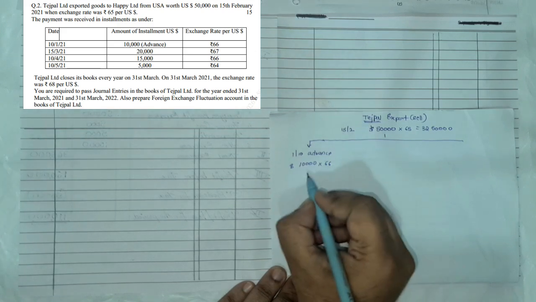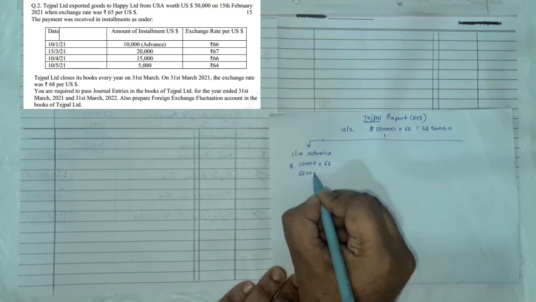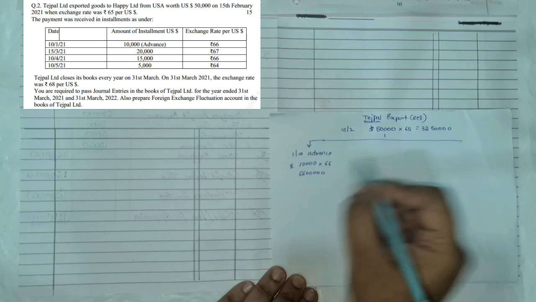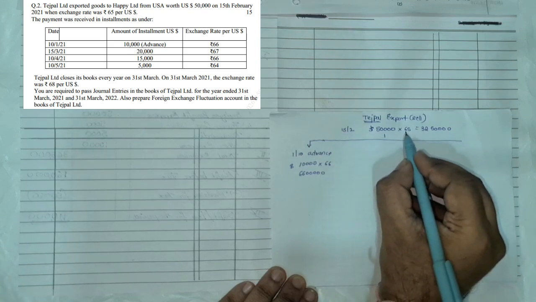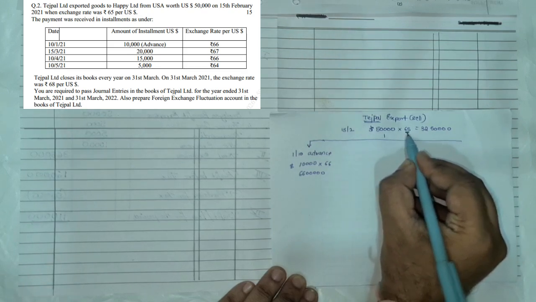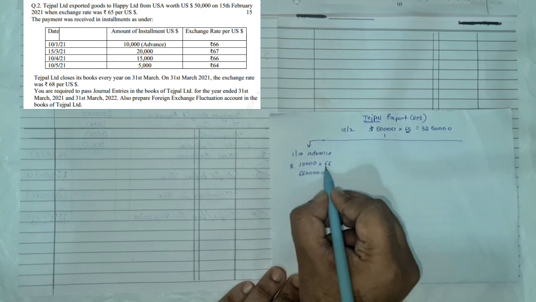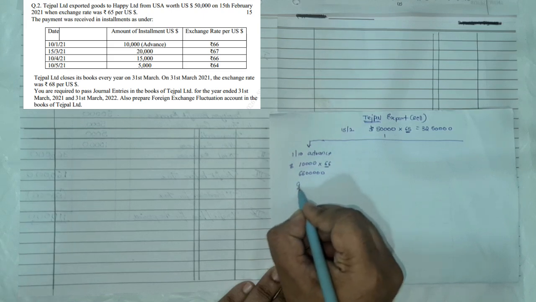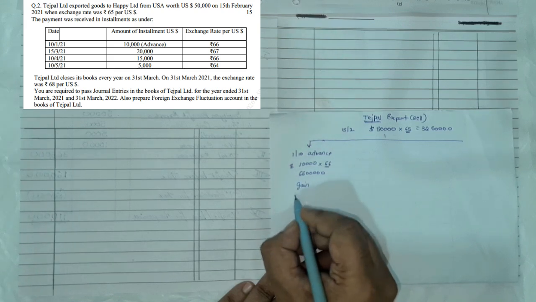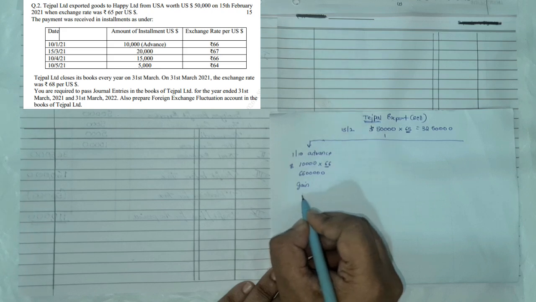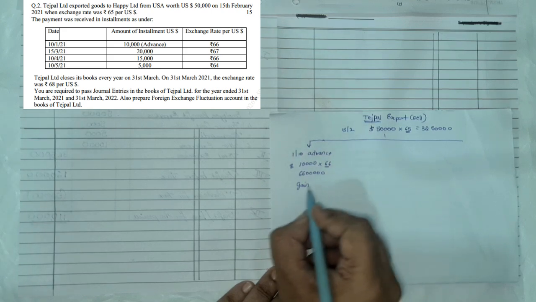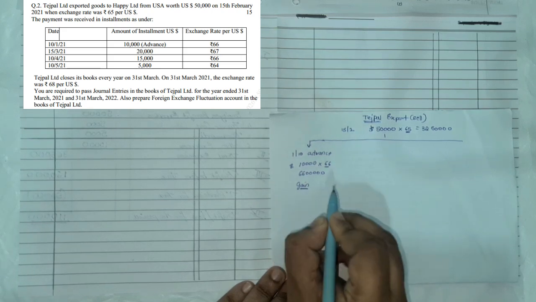So the amount comes to 6,60,000. Now remember, we sold it for 65, but we received in advance at 66. So there's a gain. Whenever this is realized, there will be a gain in this.